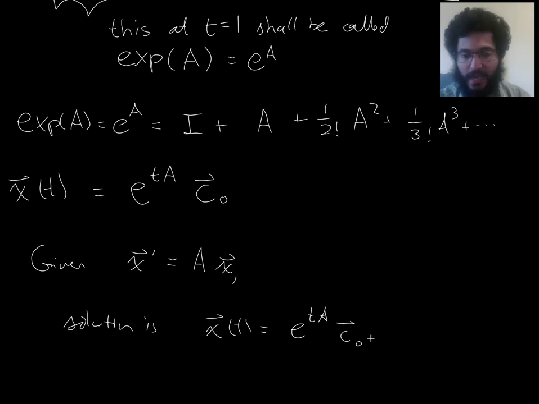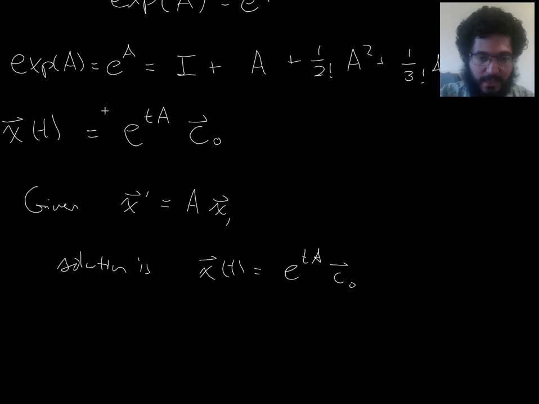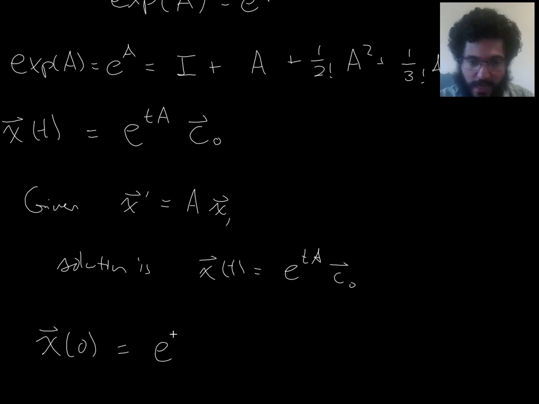And one neat thing about this is, what's x of 0? If I plug in t equals 0, that would be e to the 0a, that's the 0 matrix. I don't know how to express that I'm talking about the 0 matrix. How about this? e to the 0 matrix, C0.